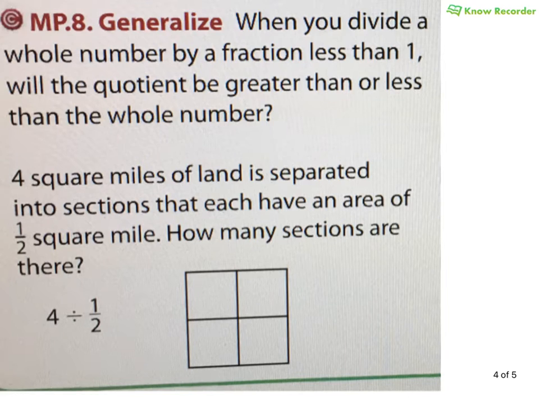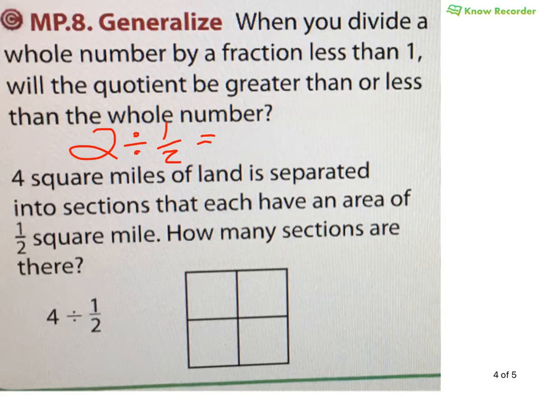They show their work. When you divide a whole number by a fraction, I'm going to pick any whole number, and you know that I like to pick 2, because 2 always works beautifully. By a fraction less than 1, pick a half. It's always good to pick a half, because if you're working with 2 and you're working with half, you know half of 2 is 1. All right, will the quotient be greater or less than the whole number?